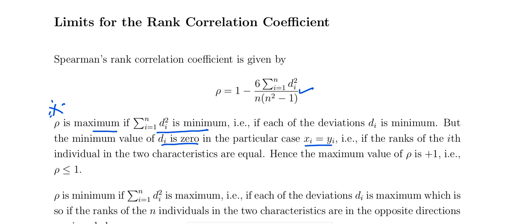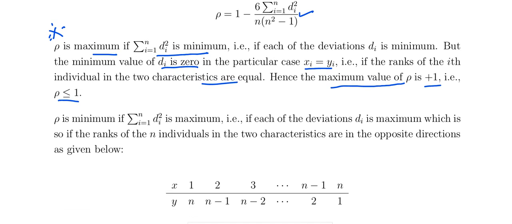If the ranks of the ith individual in the two characteristics are equal, then the maximum value of rho is plus 1, that is, rho is less than or equal to 1. If rho is minimum, that is the rank correlation is minimum, then summation di square is maximum. That is, each of the deviations di is maximum, which happens if the ranks of the n individuals in the two characteristics are in opposite directions.